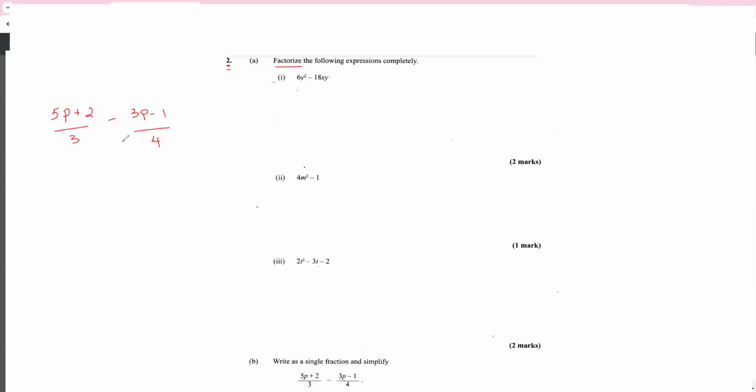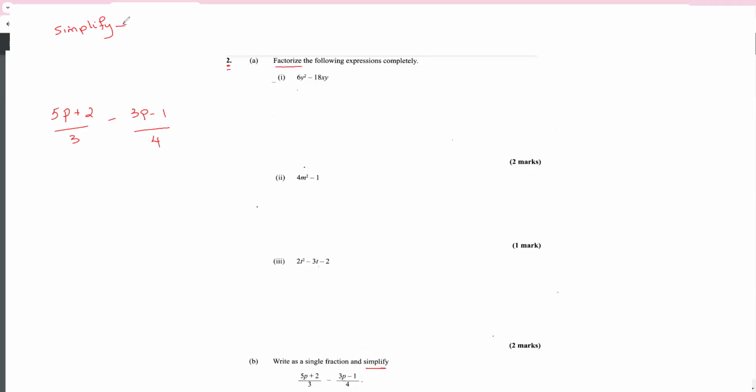anytime we have to simplify, remember, anytime we're simplifying, there's no equal sign, right? So we look at the ones with simplifying, and then we look at the ones with solving.